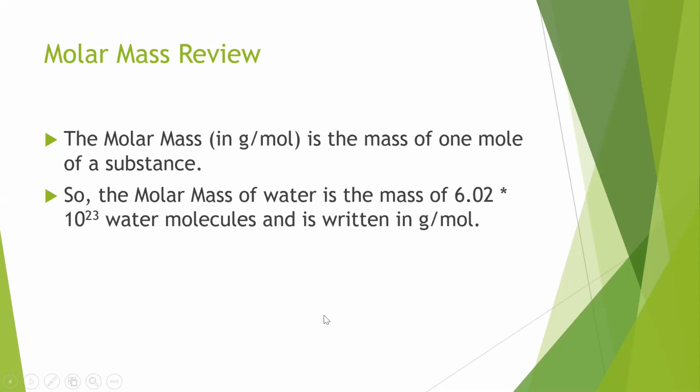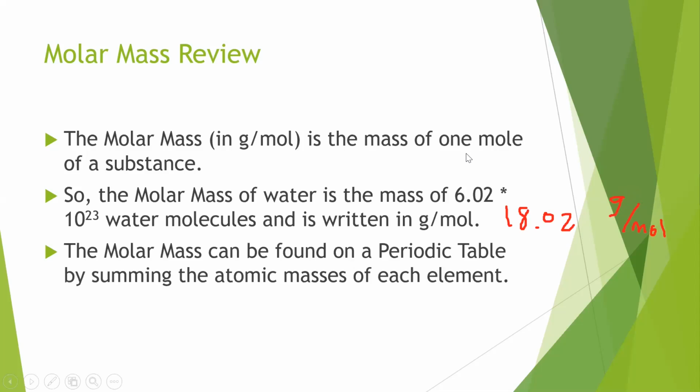That value is 18.02 grams per mole. And if you remember, we calculated it two lectures ago by summing up the individual atomic masses of each element, and we can use that to find the molar mass.